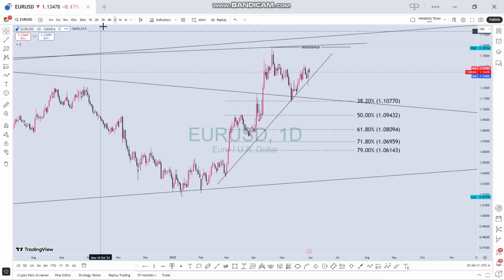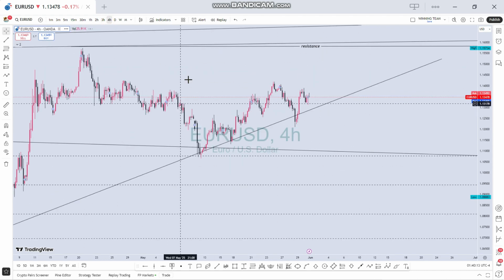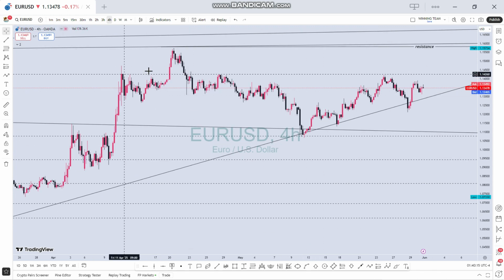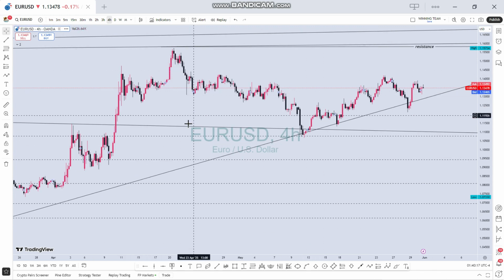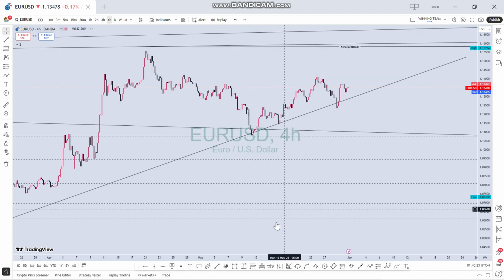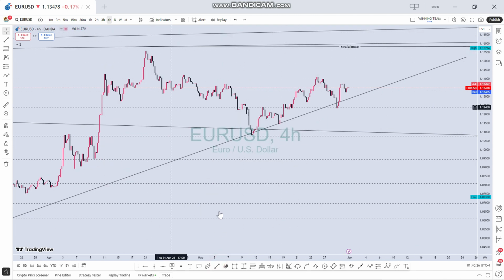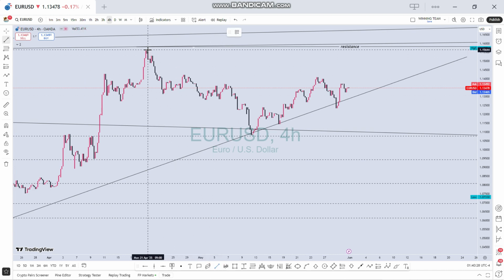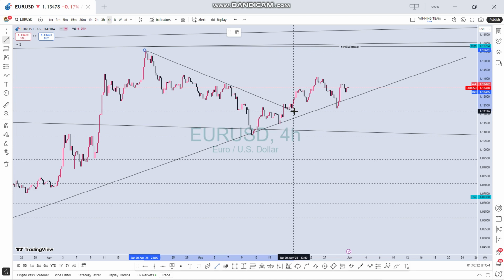Okay, but diving deep into the 4 hour time frame, let's go ahead and take out these wicks again. I don't like analyzing with wicks. We can still see that on our 4 hour time frame, we had this area here, which went all the way down just like that.